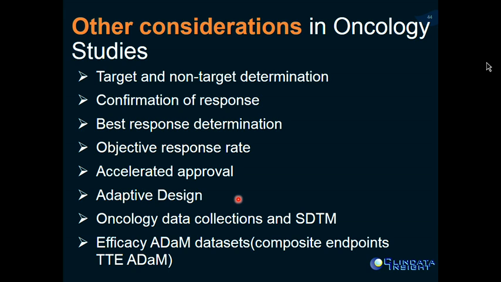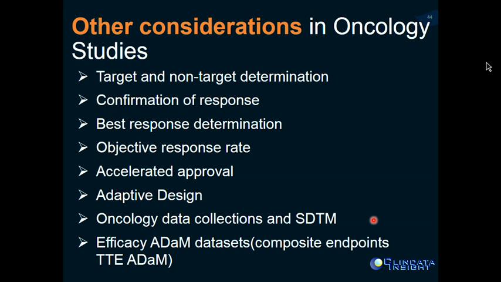With adaptive design, you could do interim analysis during the study to determine whether you're going to drop the study or go forward with it. So adaptive design helps the company save money and prepare their clinical studies more effectively.